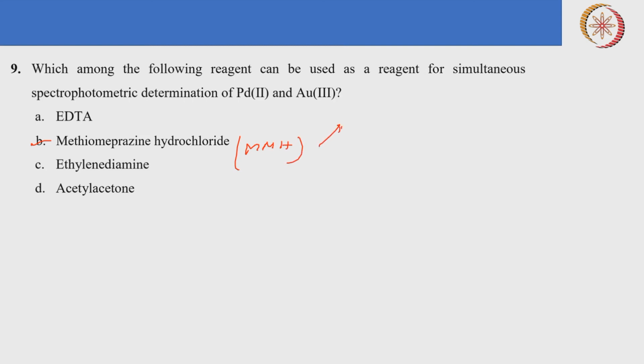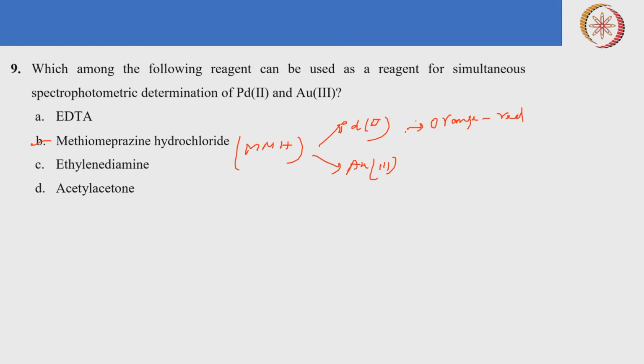This is mepazine hydrochloride, also known as MPH. Basically, if you have a lead +2 complex and an Au +3 complex, and you add this compound, then it will form a chelate complex.